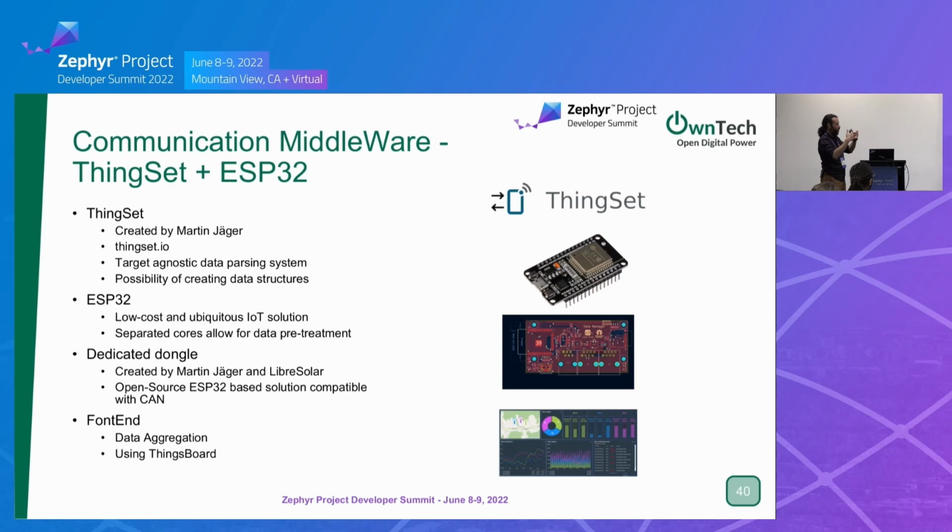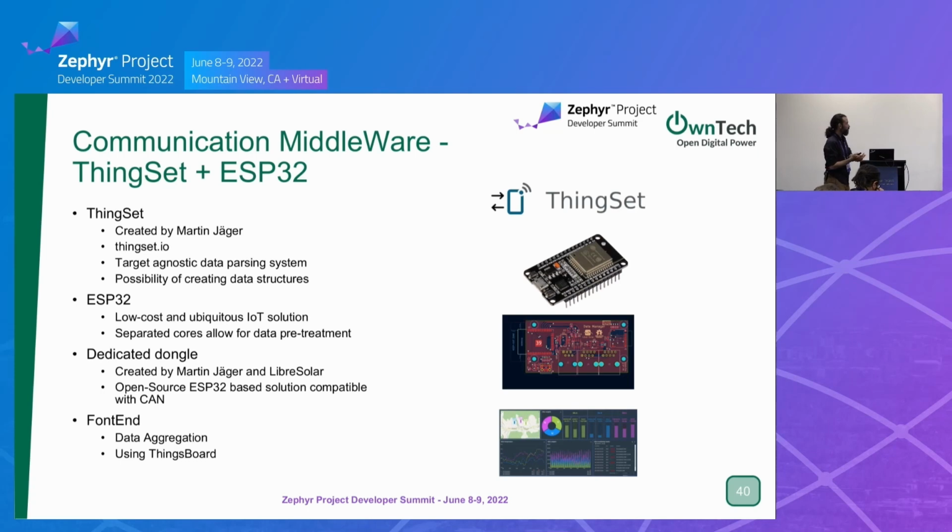And you can build your data structure and flash it into your power converter, so that your power converter is broadcasting the data that you tell it can broadcast, and you can create all sorts of access to that data, safety features, and so on. So he's done a very good job on that. So we integrated that into our project because it's open source, and Martin is amazing.